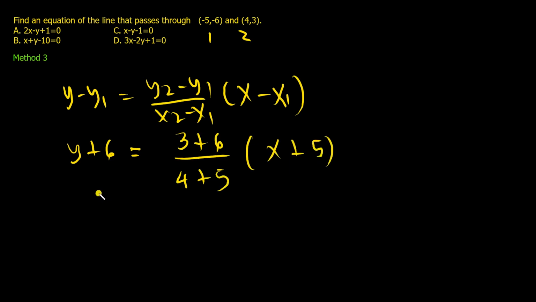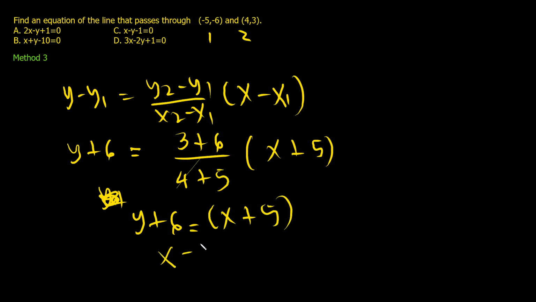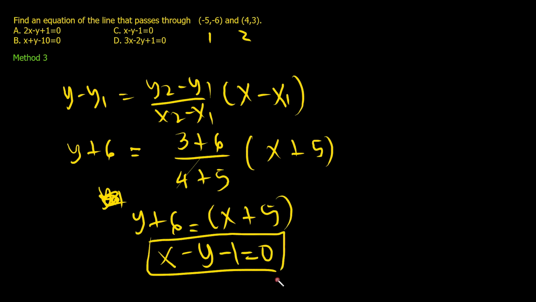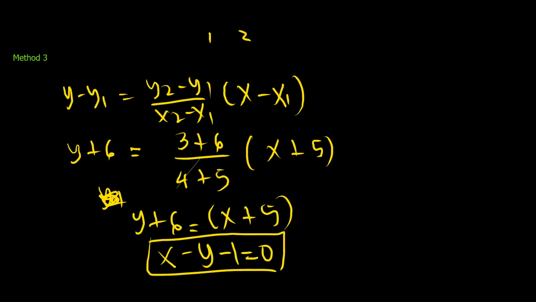So y plus 6 is equal to 1 times x plus 5. Simplifying, you have x minus y minus 1 is equal to 0. Same answer again. So that is problem number 1. Let's proceed to problem number 2.